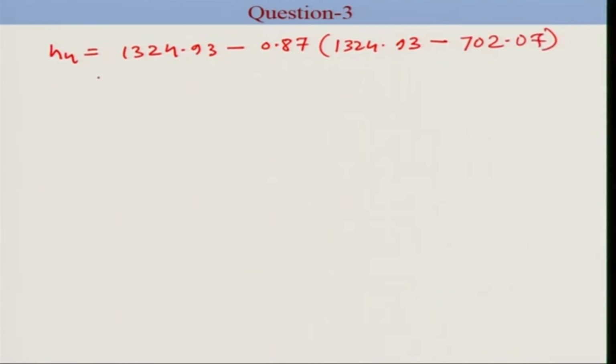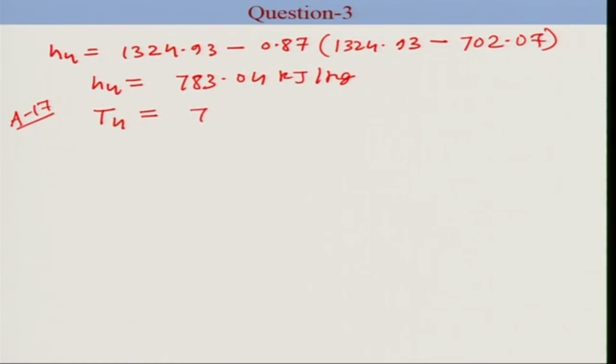So, this gives H4 equal to 783.04 kilojoule per kg, and corresponding to this H4 and PR4, T4 from the table A17 can be calculated as 764.4 Kelvin.